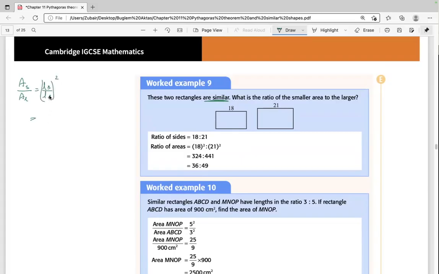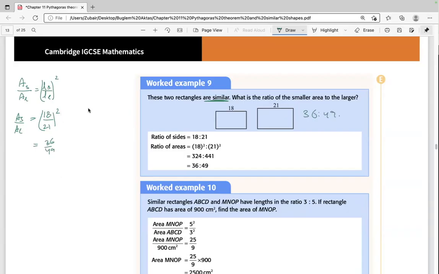So length of smaller is 18 and length of larger is 21, whole squared. On the other side, this time both the areas are unknown. Using the calculator, 18 by 21 whole squared, I'm getting 36 by 49. So the ratio is 36 ratio 49.